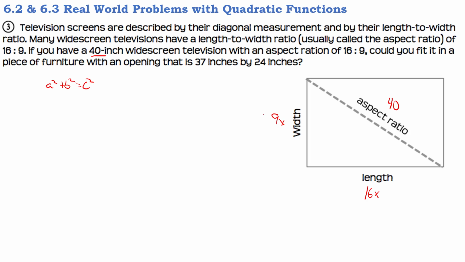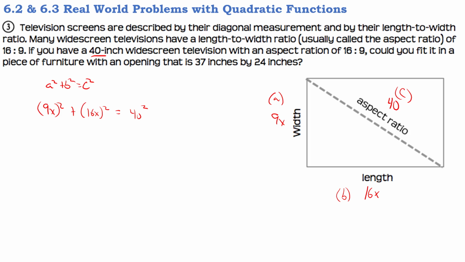So technically we have our a right there, we have our b here, we have our c here. So let's do this. We should have 9x squared plus 16x squared equals 40 squared.